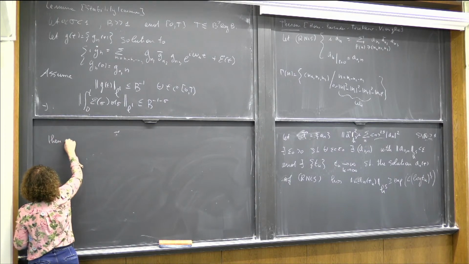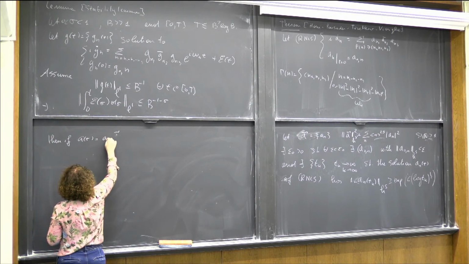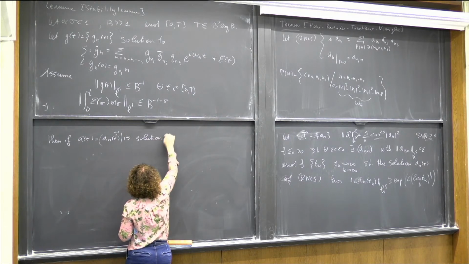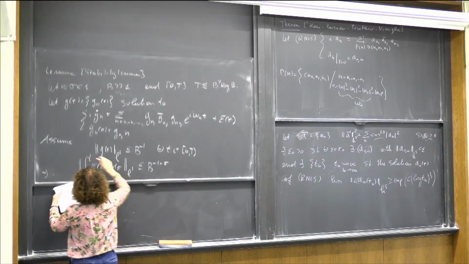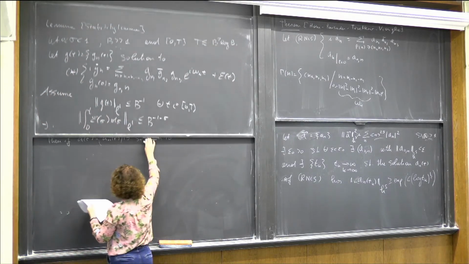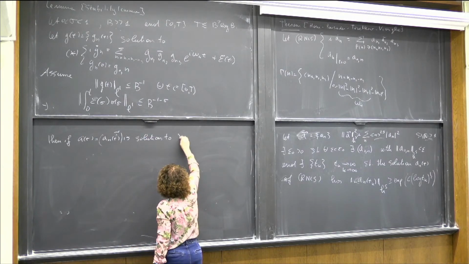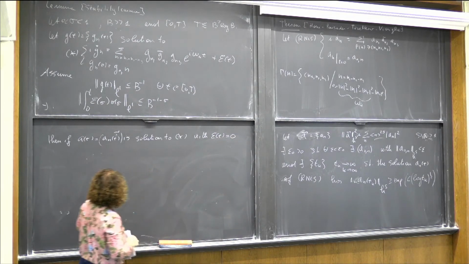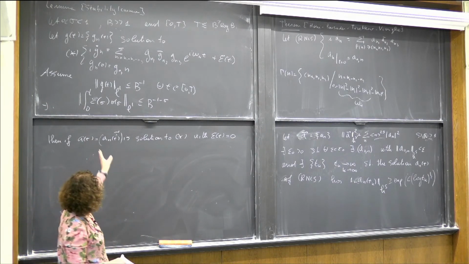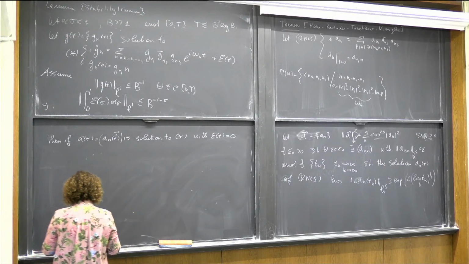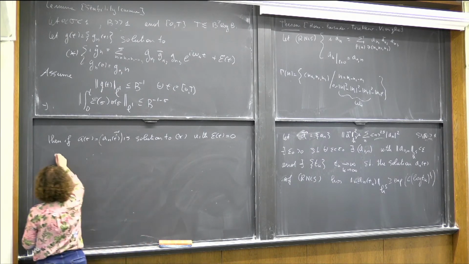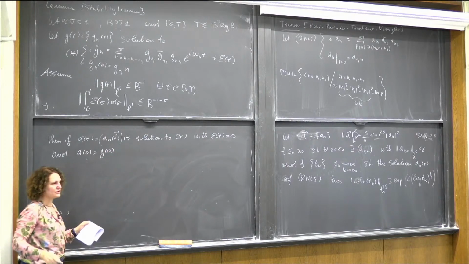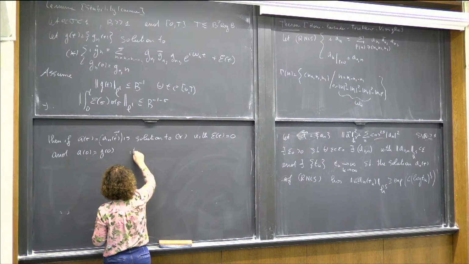Then, if a(t) is the solution to that system, let me call it star, but with E(t) equal to 0, so really a is the solution of the NLS, because there is no error, it's basically the NLS that you have, and they have the same initial data, a_0 equal to g_0, it follows that they cross.